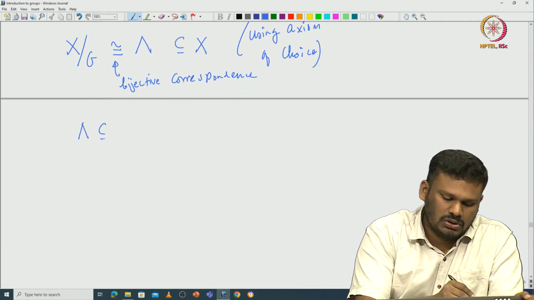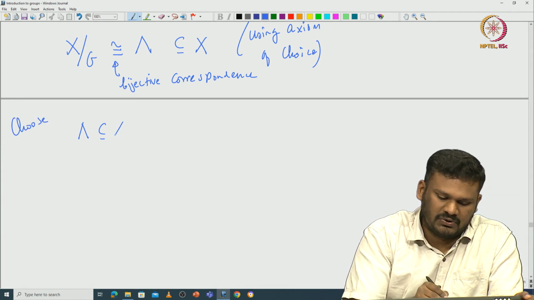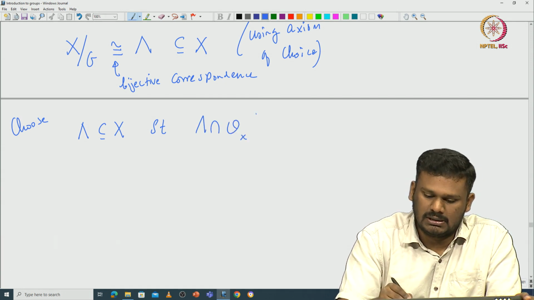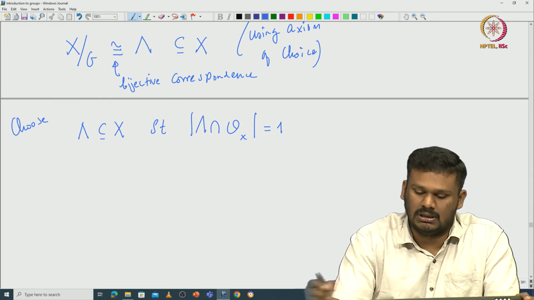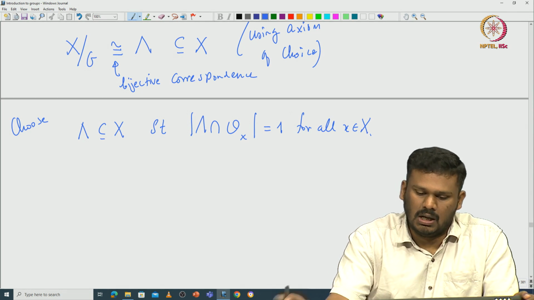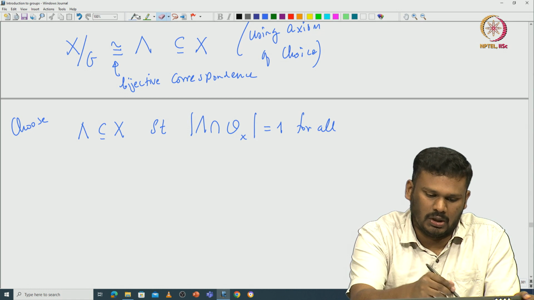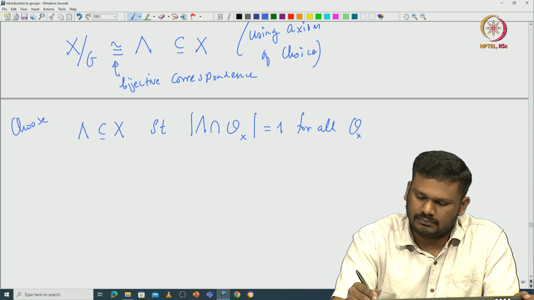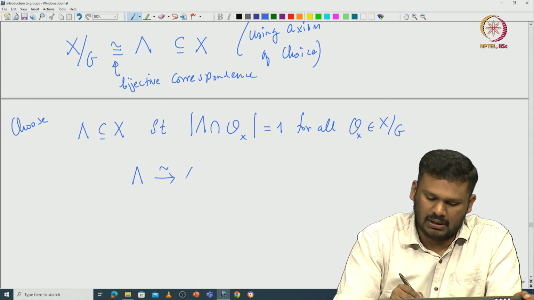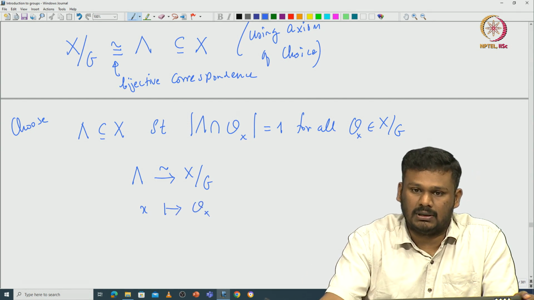Capital Lambda is a chosen subset of capital X such that capital Lambda intersection the orbit is a singleton, the cardinality of this is one, for all x in capital X. Or you can also say, for all the orbits O_x inside your X mod G. Because of this, there is a natural bijective correspondence between capital Lambda and X mod G, which is just given by taking x and sending it to the corresponding orbit.